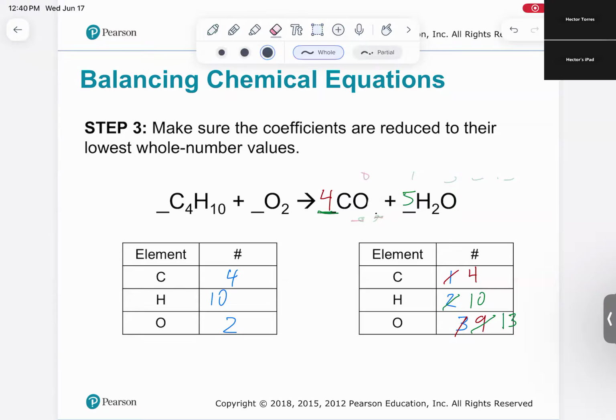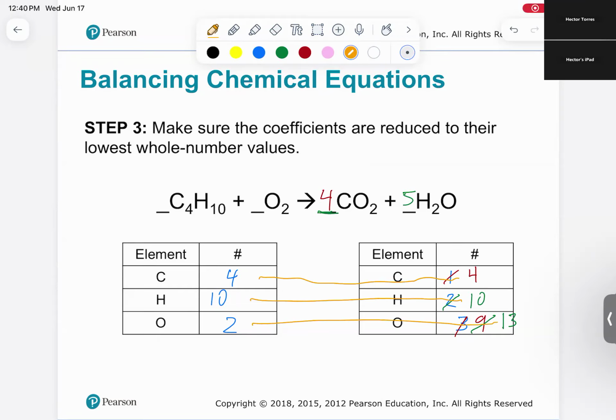Okay, so let's see if I'm missing anything else. Okay, so my 4s match, my 10s match, but now I have 2 and 13. So those don't quite match. Okay, now there's 2 tricks of doing this. You can do it one of 2 ways.